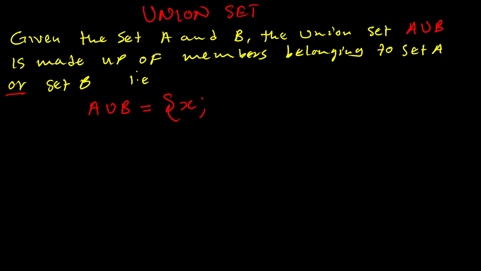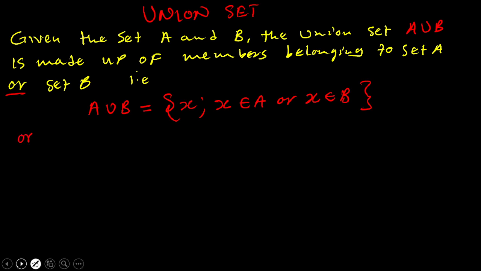Okay. So A union B, this set can be said to be X such that X is a member of A, or X is a member of B. So this is how you present it.